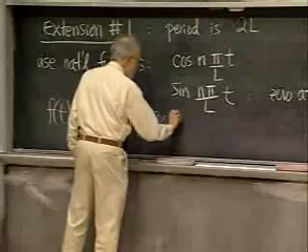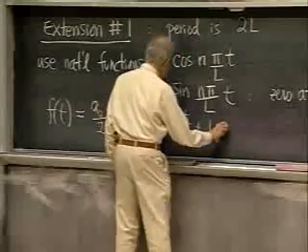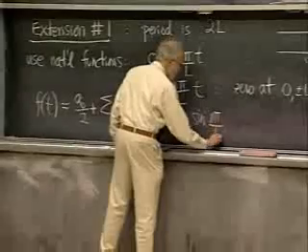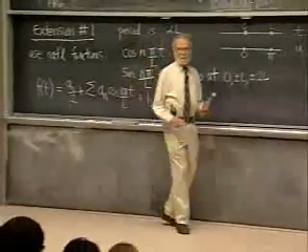So n pi t over L, plus bn, okay, I'm tired, but I'll put it in anyway, n pi t over L. But what about the formulas for an?